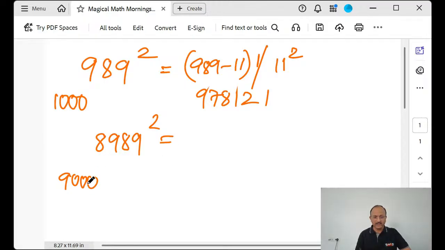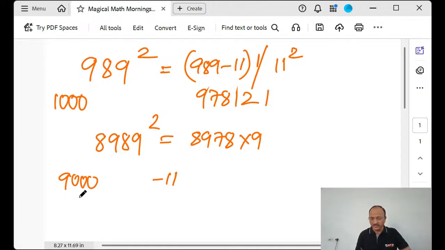So whatever you get, the deviation from this is minus 11. So from this we'll be doing minus 11. But this one we have to multiply by 9. When you multiply by 9, it's not 8978. Correct? You have to multiply by 9.